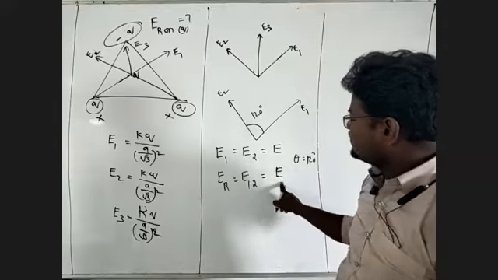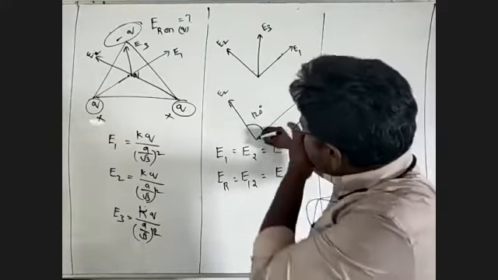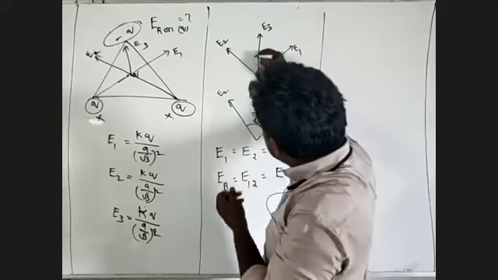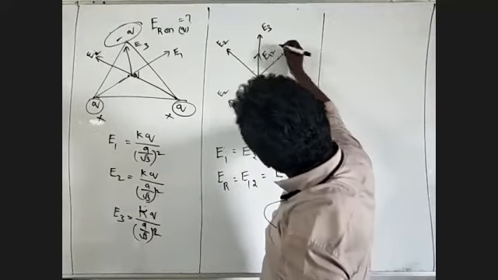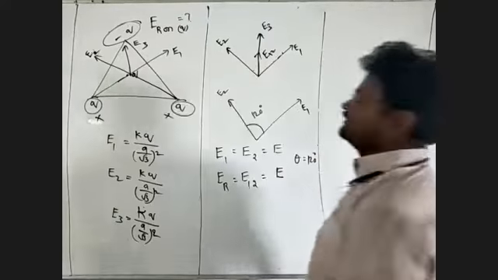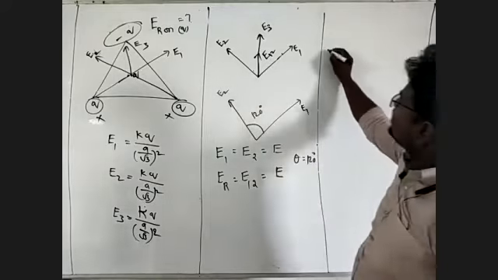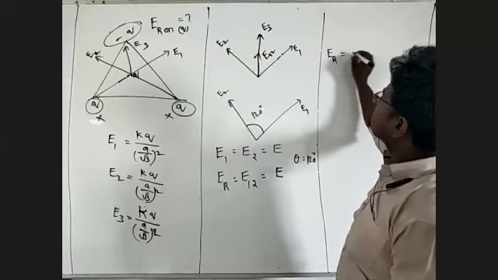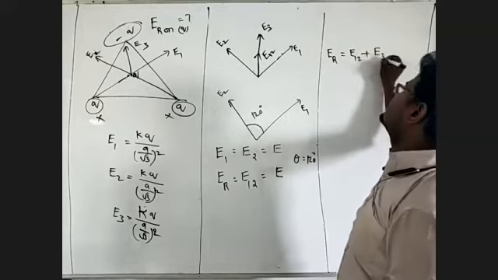But the direction is this. E12 is in the direction of E3. Now the total resultant is equal to E12 plus E3.